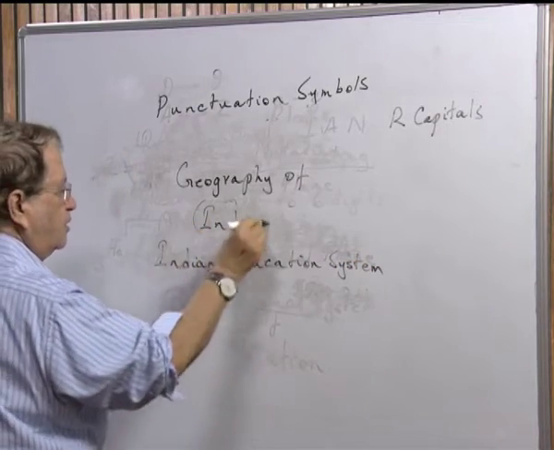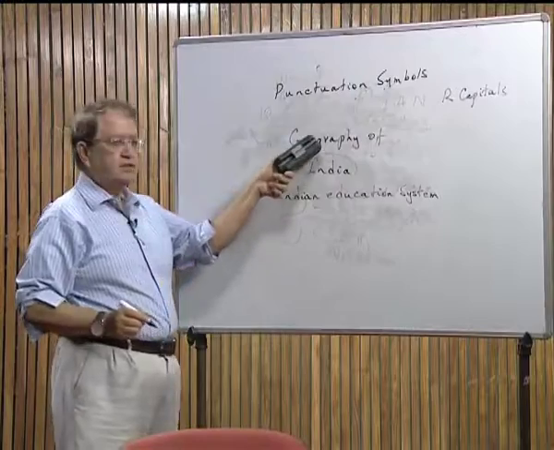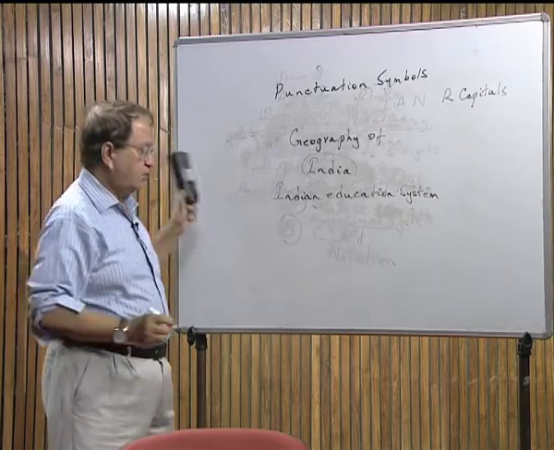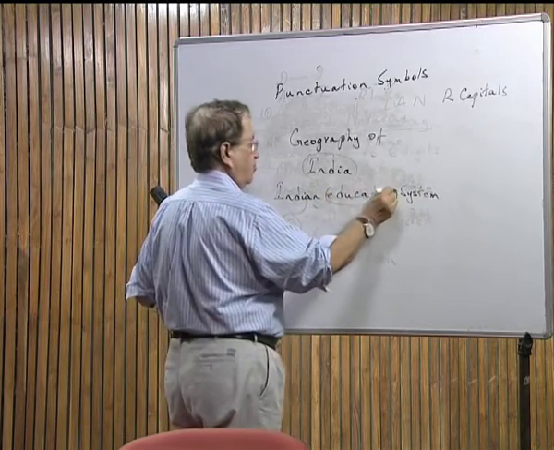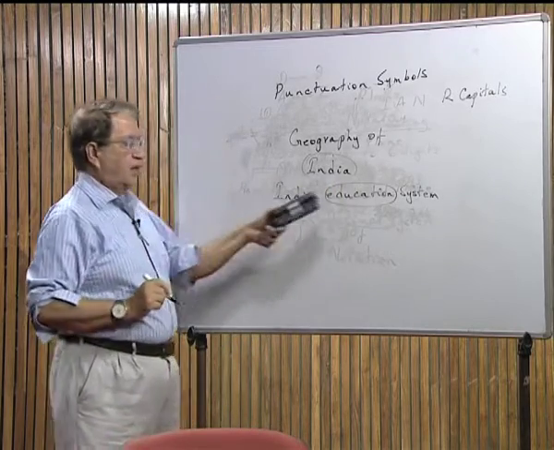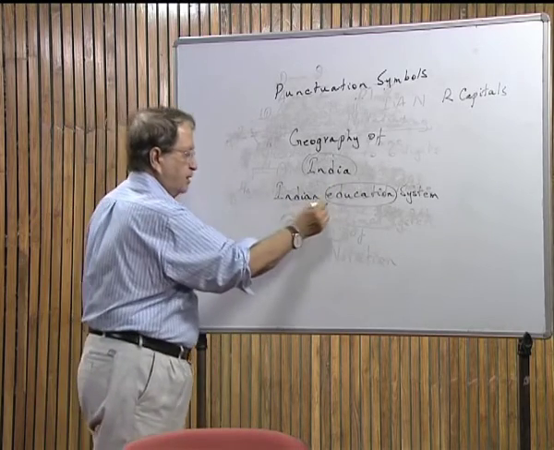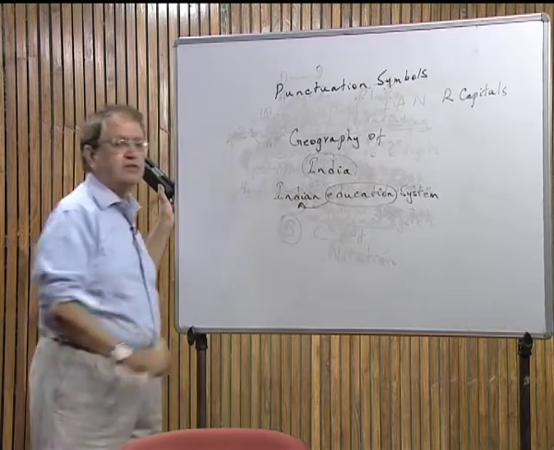Now, here India is the main focus in the first. Here, what is the main focus? Main focus is education. Education system which has a variety which is known as the Indian education system.